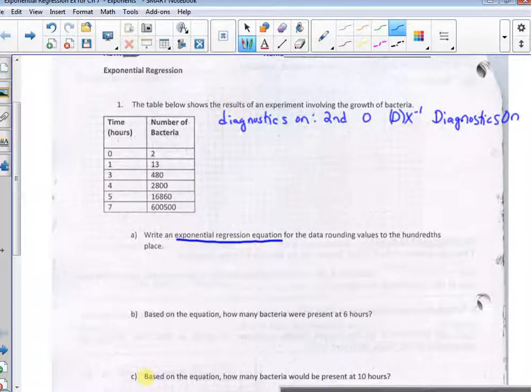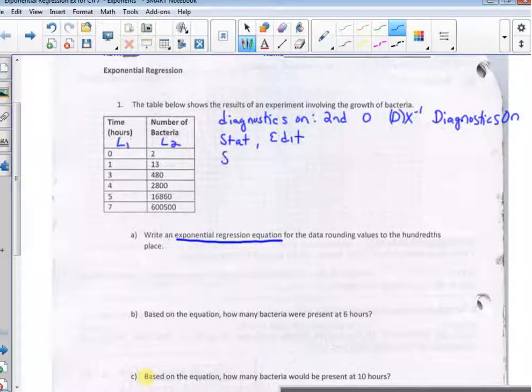And I think I hit enter a couple times. Then to enter the information, I went to Stat, Edit, and I put L1 and L2. For time is L1 and number of bacteria is L2.